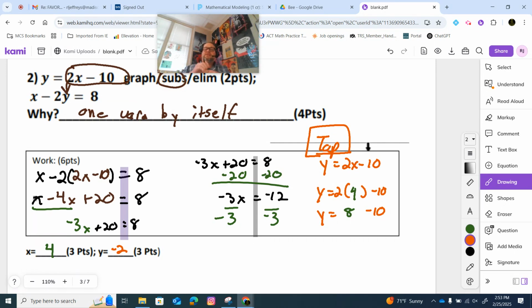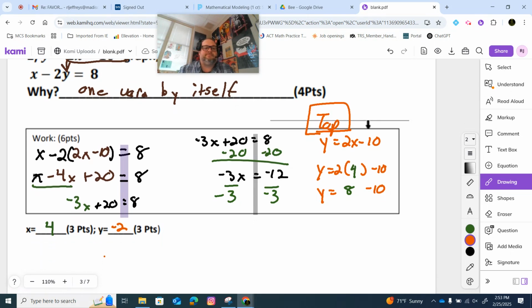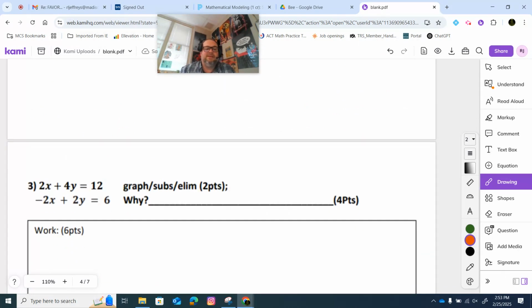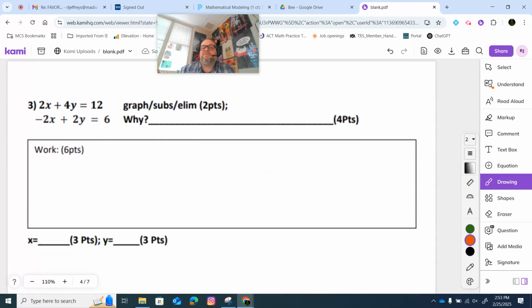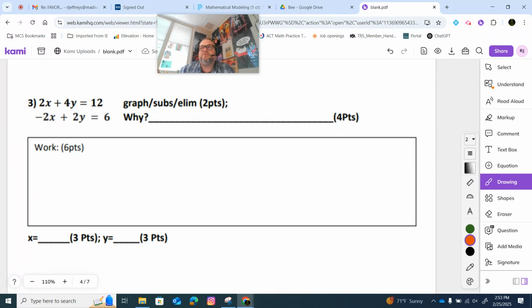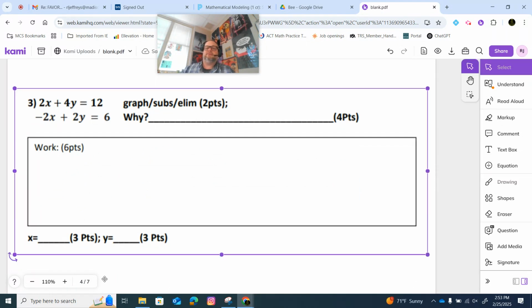Or if you forget to carry a variable down, I'm only going to take off, hey, you forgot to write your variable right here. You did everything else correctly. To me, that's not a concept thing. That's a, oh, you're a human thing.